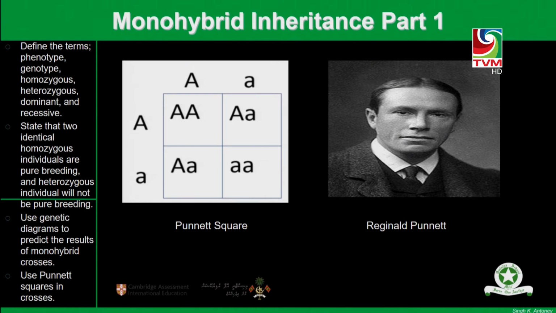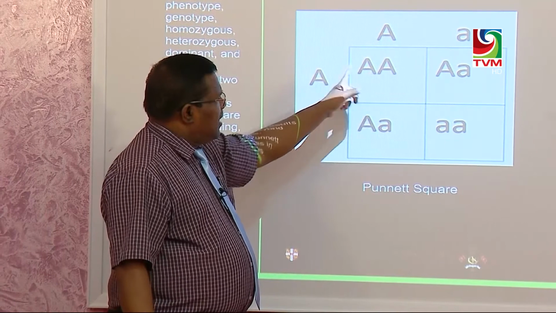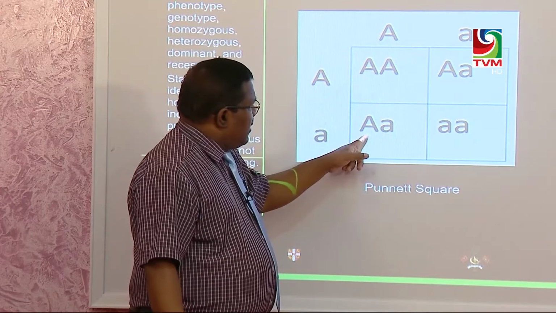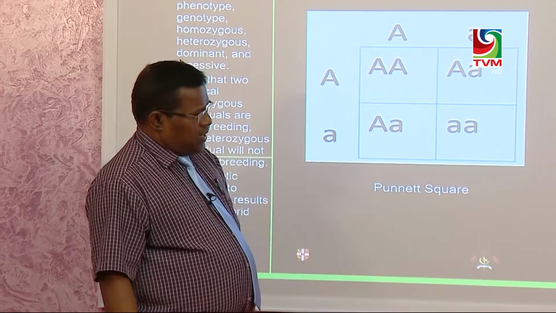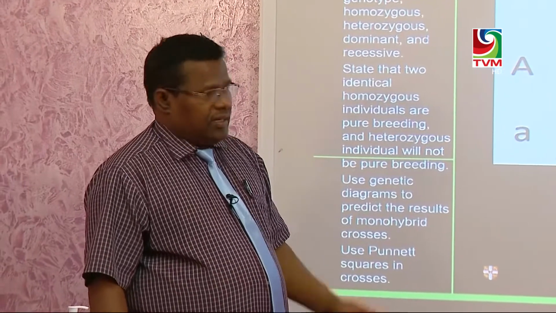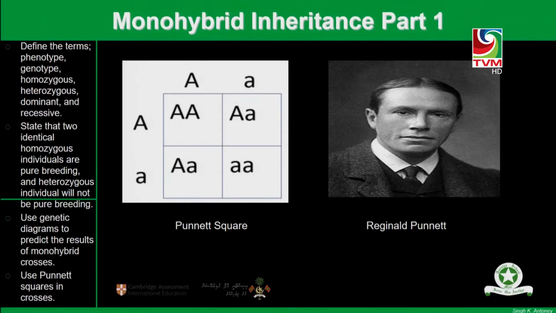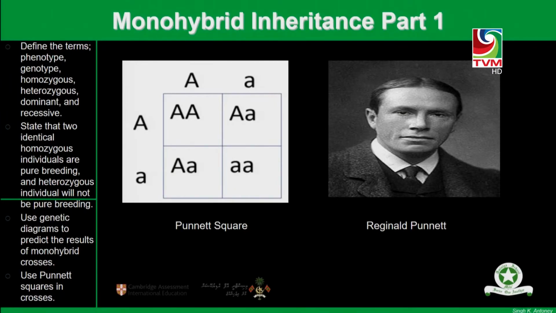So the alleles are represented like this, and by means of the fusion of these two, capital A and small a here, capital A and small a, then small a and small a, which shows the Punnett square, which was introduced by the scientist known as Reginald Punnett. And in this method also you can follow either the line method, or you can go for the Punnett square method. But if the question says to use a Punnett square, then you are supposed to use a Punnett square.